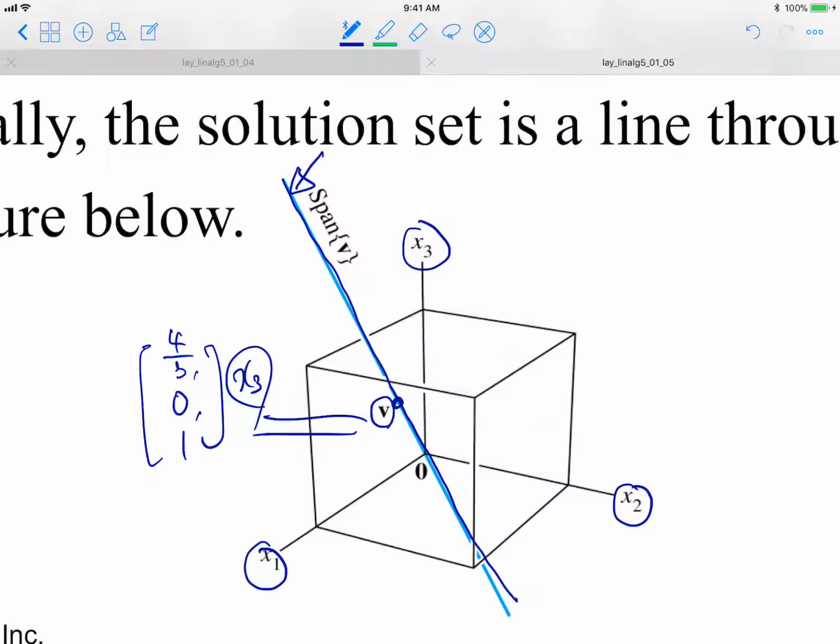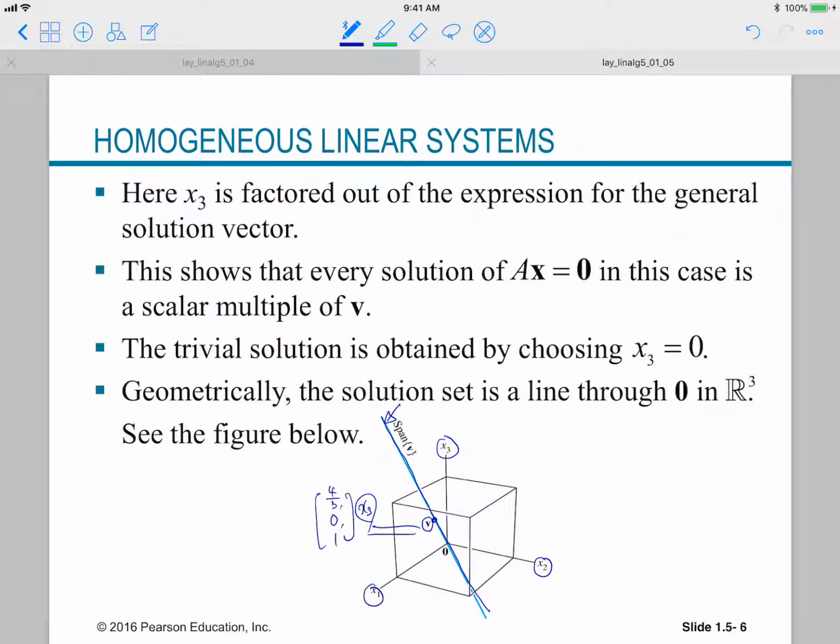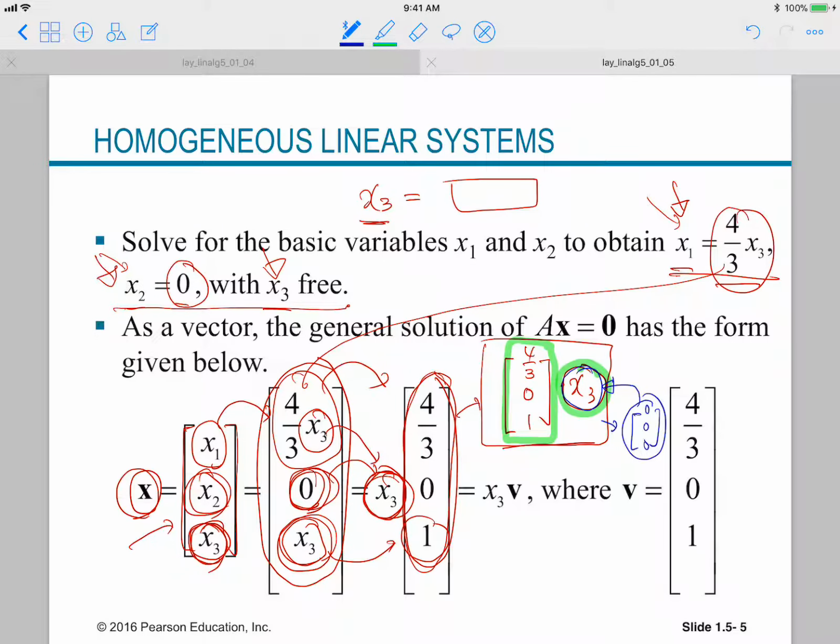Infinitely many solutions. And thus, in this case, whether we have a unique solution of all zeros or infinitely many solutions is determined by whether we have a free variable or not. Again, if we have a free variable, then we can form our solution vector in this form.